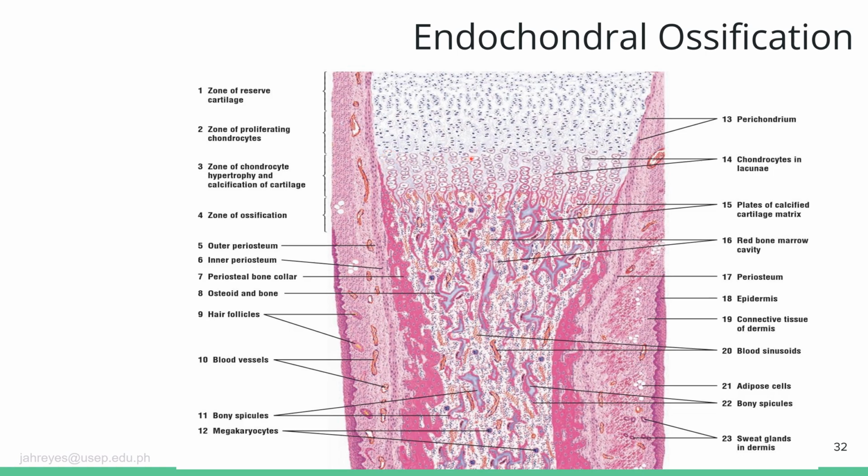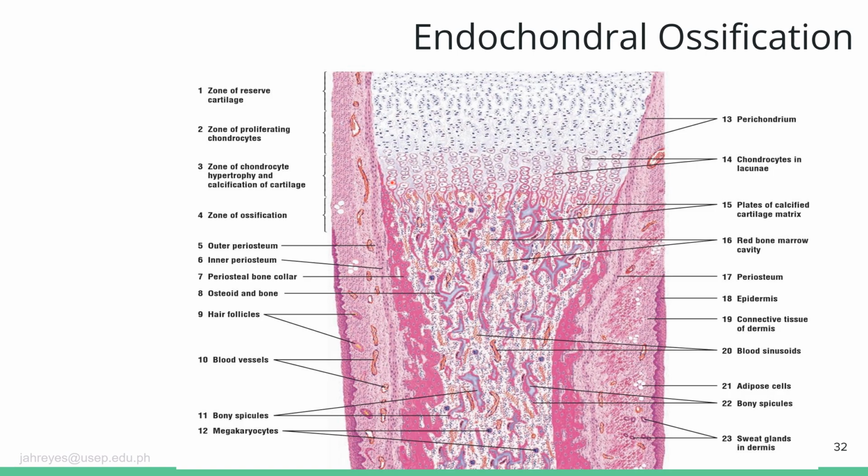And the chondrocytes here are still metabolically active, so they continue to secrete type 2 collagen, and the hypertrophic chondrocytes will also secrete different growth factors which will initiate the blood vessel invasion. So the cartilage matrix is compressed to form linear bands in between columns of hypertrophied cartilage cells.